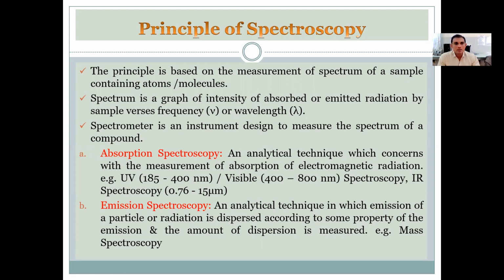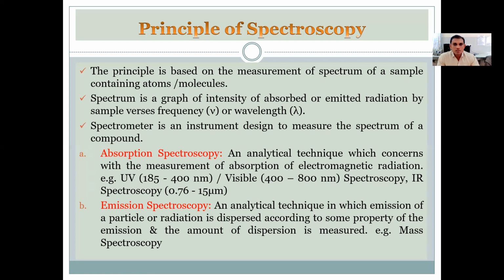So basically, there are two types of spectroscopic techniques. First one is absorption spectroscopy. Second one is emission spectroscopy. In absorption spectroscopy, the sample or component absorbs radiations generated from a source.